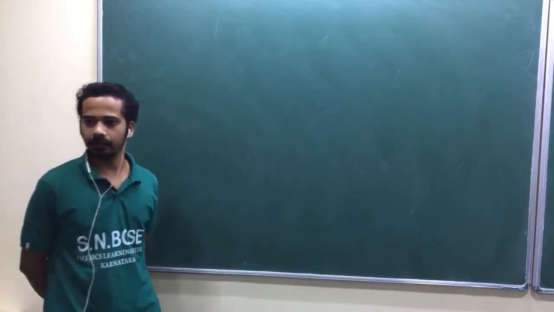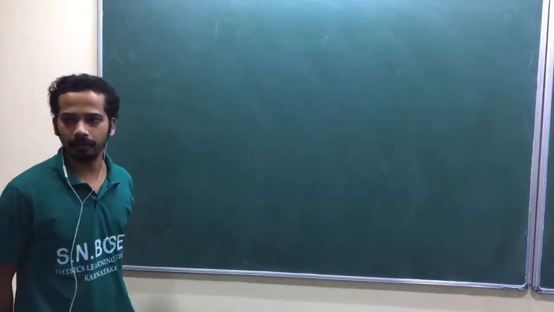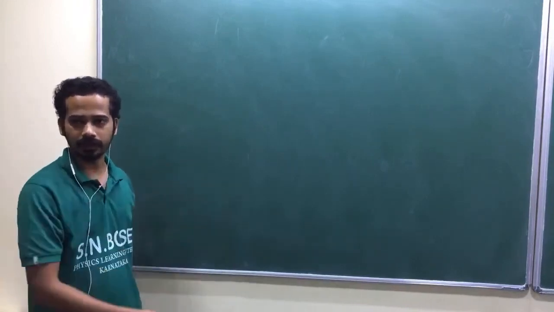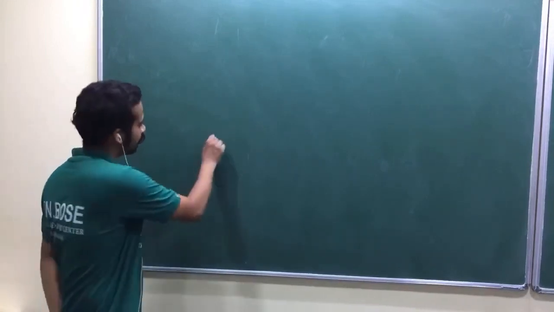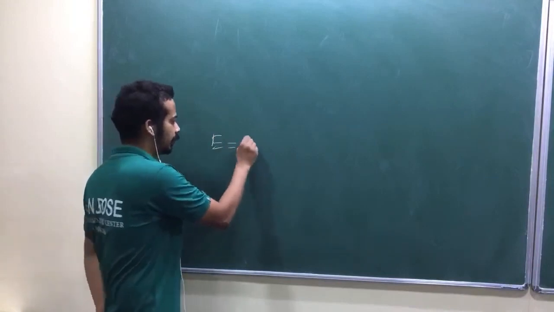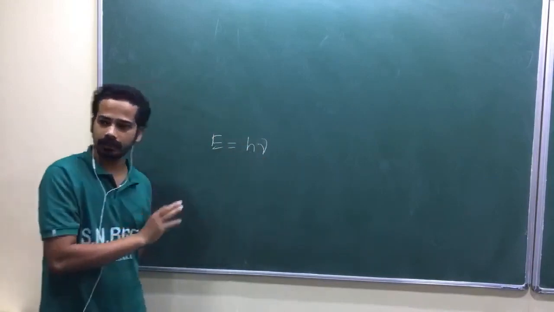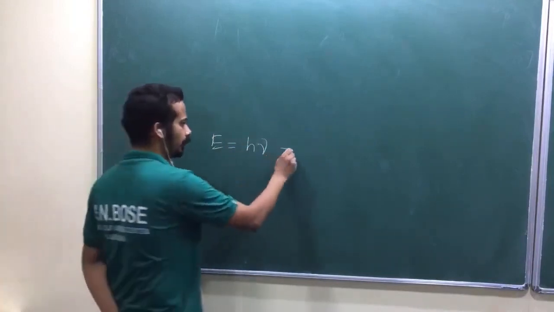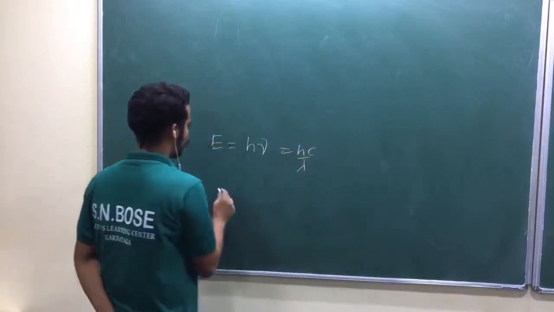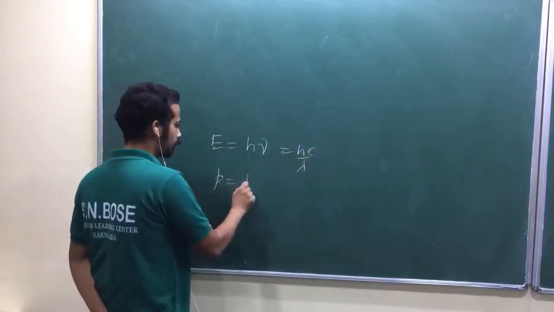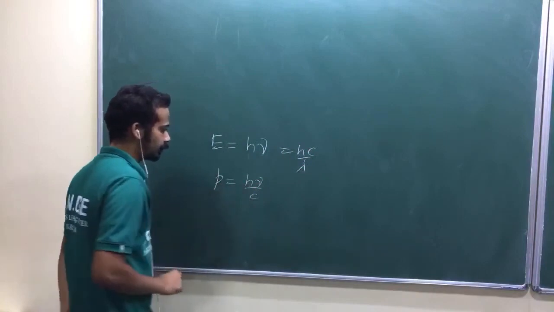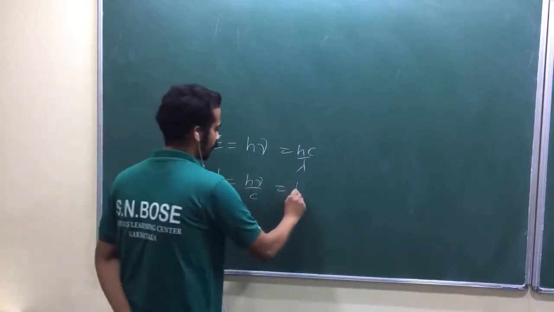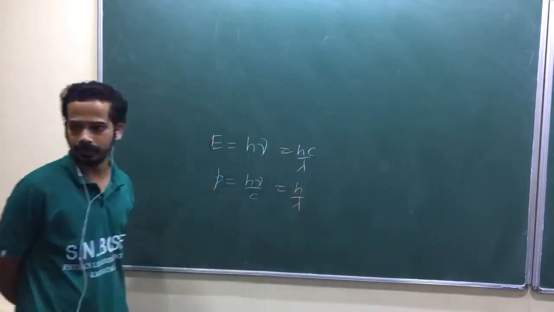Now, while thinking about photons, I'll never think about wave or something. While thinking about a photon, its energy is decided by frequency. That's correct. Its energy is decided by frequency or wavelength, and its momentum is also decided by h by lambda, wavelength or frequency.